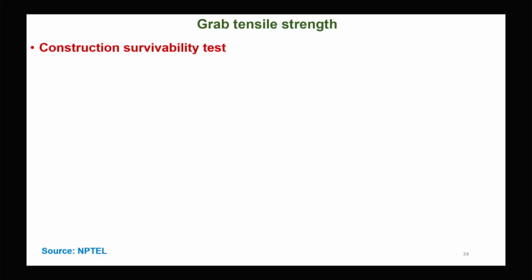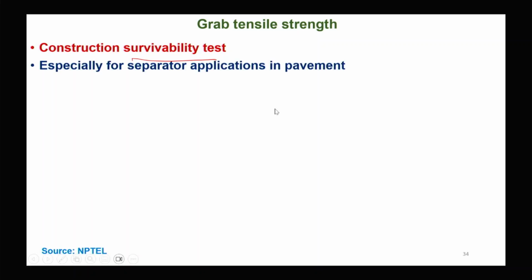Now, the grab test is the construction survivability test. We normally test apparel textile with basically the strip test, but for geotextile, it is the grab test which is very important, especially for separation application.